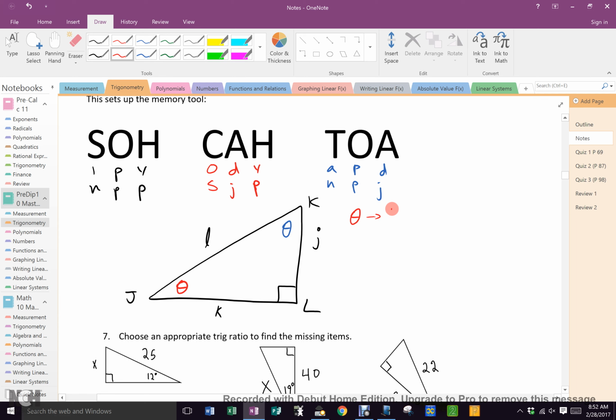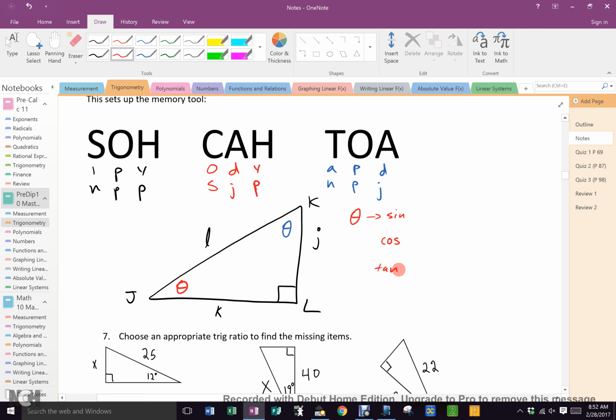So for red theta, I'll do it in the same order of SOHCAHTOA. What is the sine, cos, and tan for red theta? Just the letters, because you don't have any numbers.